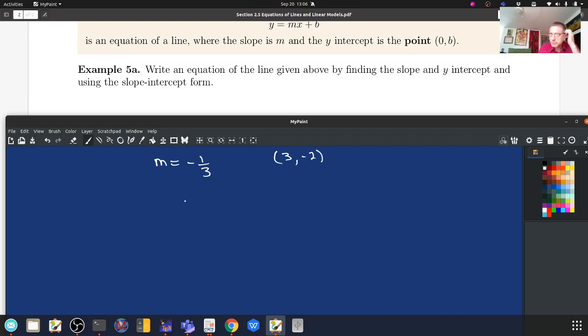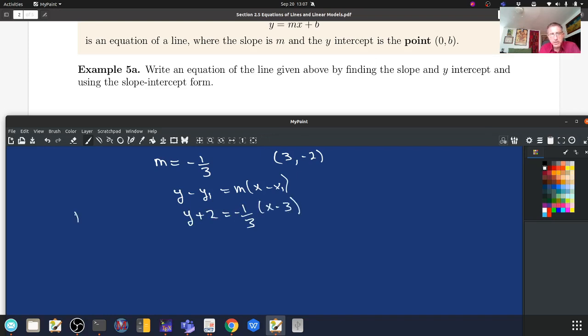So using the point-slope formula, y minus y1 is equal to m times x minus x1, and that gives us y plus 2 is equal to minus 1/3 times x minus 3.